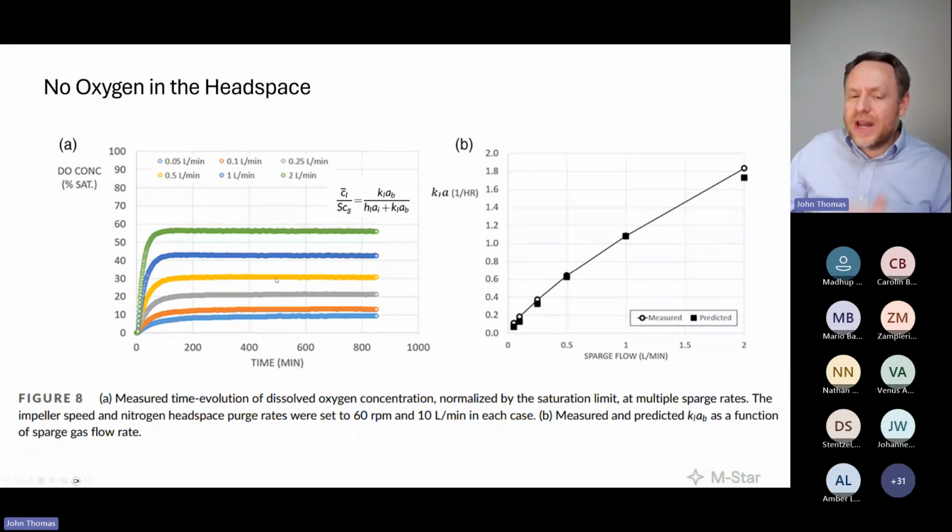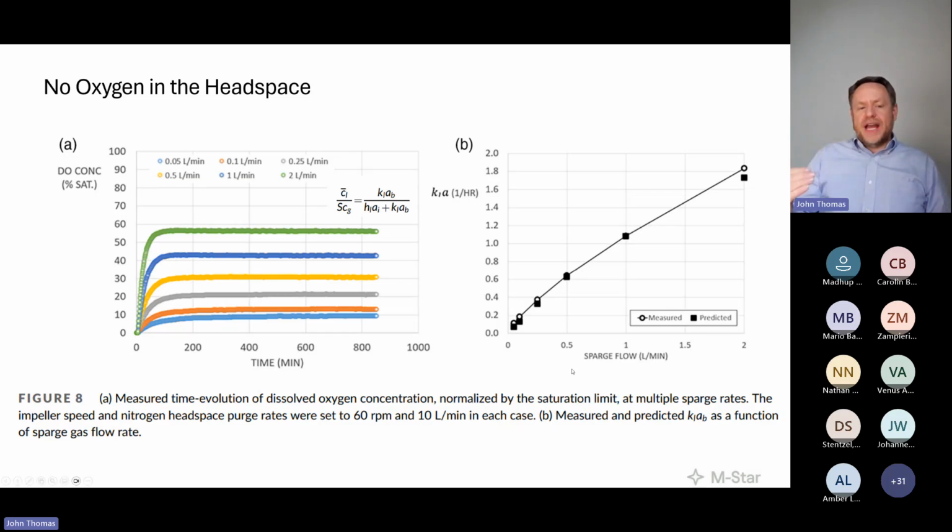And so if we don't have oxygen in the headspace, if we strip it out with nitrogen, as it were, this can depress what sort of DO we're seeing inside this system. Said again, even though we're sparging, we've got our hand over our hearts, and we're sparging our gas, we've got our lookup table, which tells us what our KLA should be, we will not realize this corresponding DO. It'll be way off. Why?